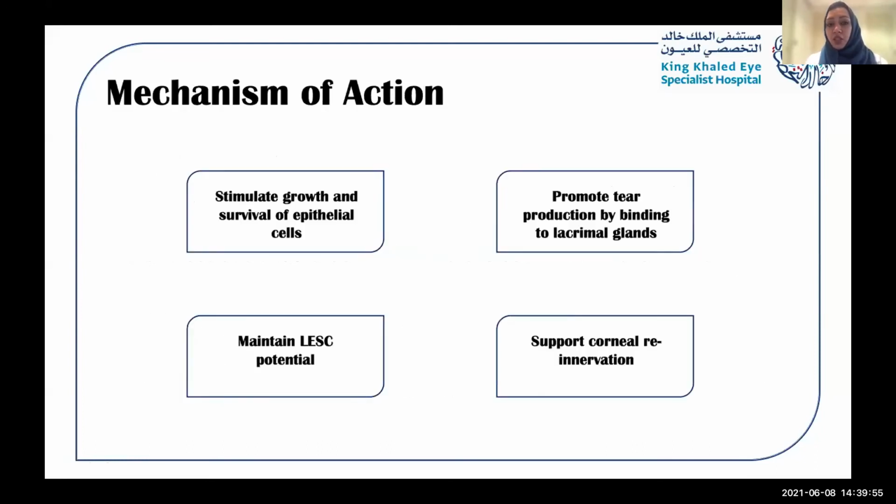Mechanism of action: it stimulates the growth and survival of epithelial cells, maintains limbal stem cell potential, promotes tearing by binding to lacrimal glands, and supports corneal reinnervation. So it's a super drug.